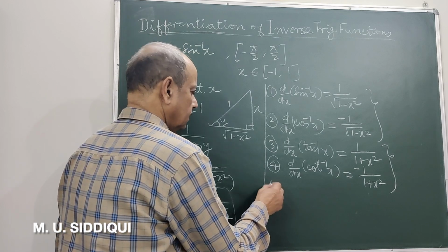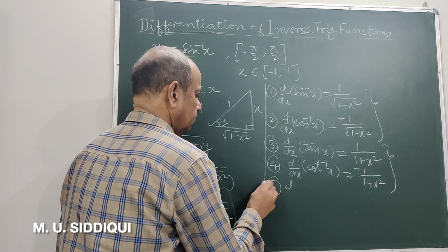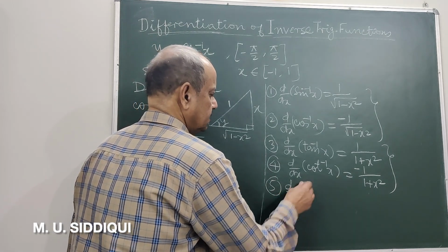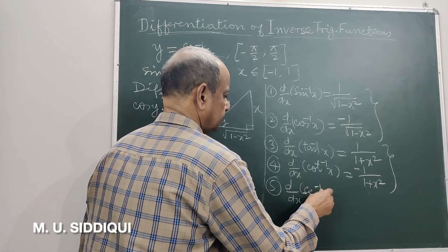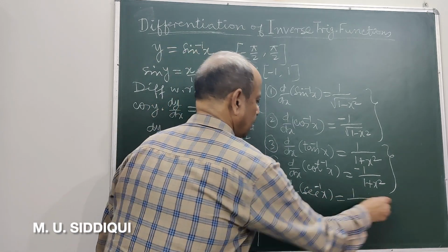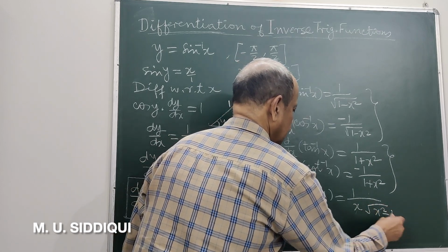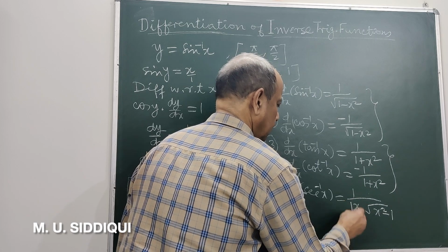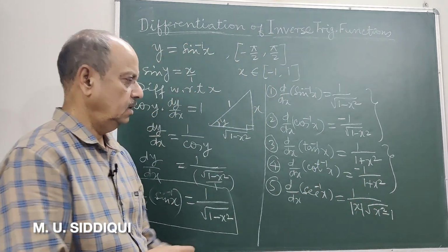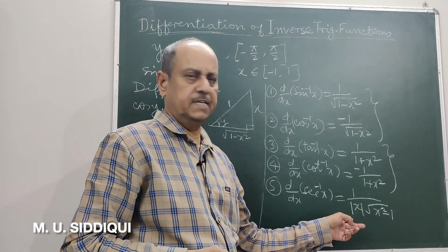Similarly, two more. Fifth, d dx of sec inverse x comes to be 1 upon x root x square minus 1, and in order to keep this expression positive, we put a modulus sign, absolute value sign.